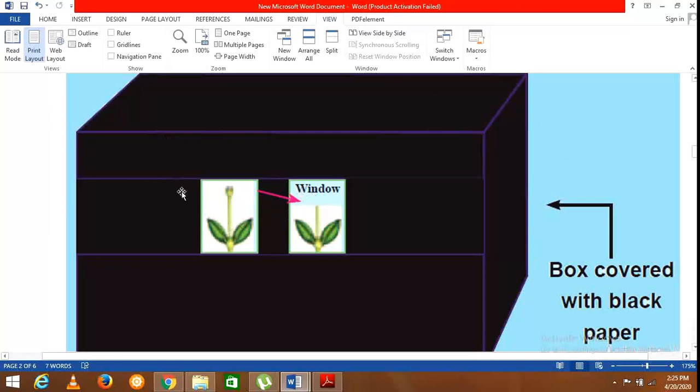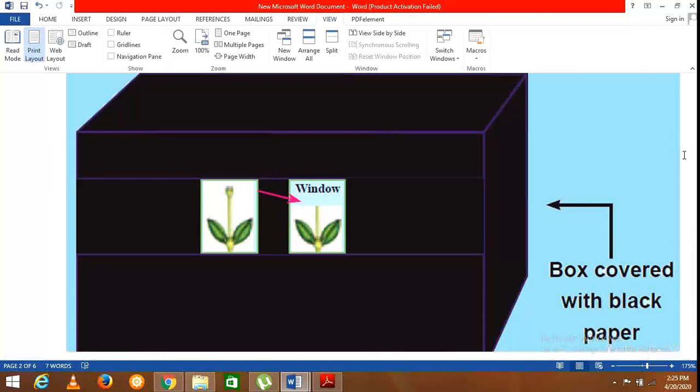Here there is a small window to get light. So if I repeat, there are two similar plants in which the apex of one plant has been removed, and both plants are kept inside a box which is covered by black paper, and both plants get light from a single direction.